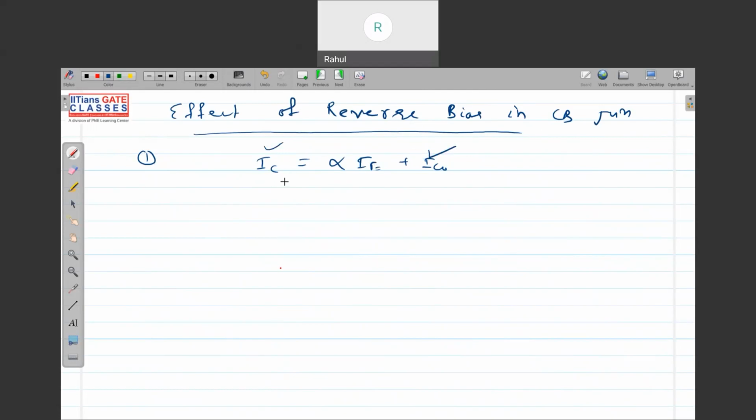Since gm is equal to alpha IC by VT, and IC is changing with respect to temperature, gm will change. Since gm will change, the amplification factor will also change, so it will not be constant. So ICO will cause a change in the amplification factor, nothing but a change in the operating point. This is the first issue.